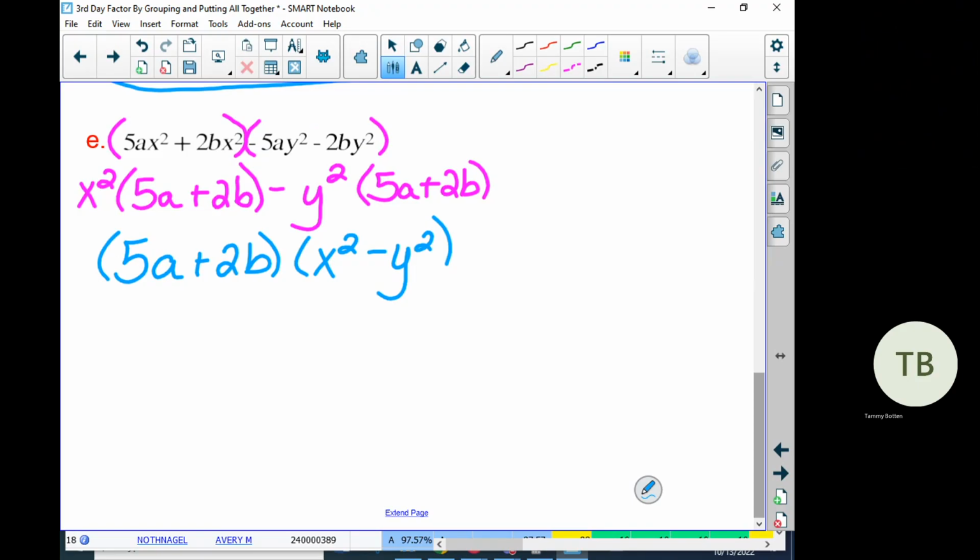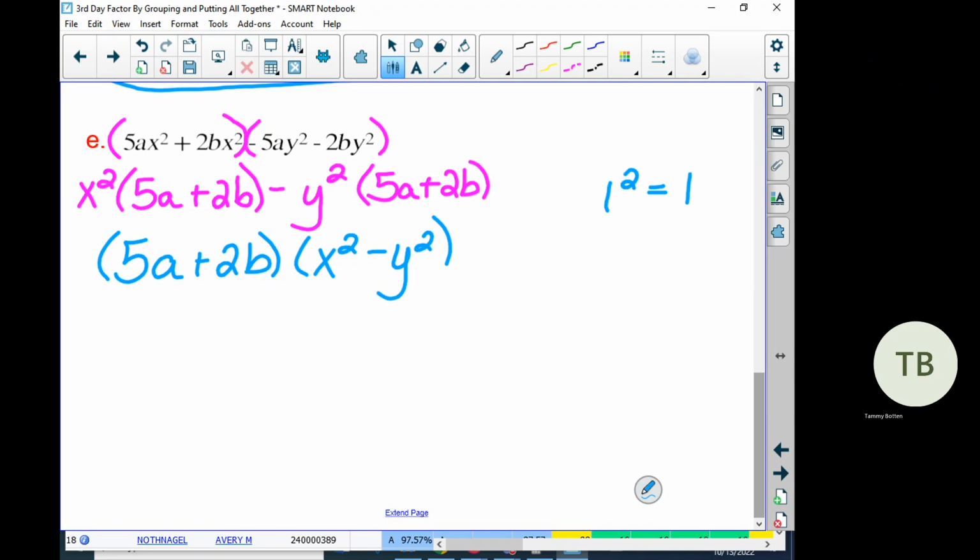Your powers have to be even, which they are. And the numbers in front have to be perfect squares. And there's no number in front, it's a 1. And 1, even though we don't really think of it that way, is a perfect square because 1 squared is 1. So this can be taken further.